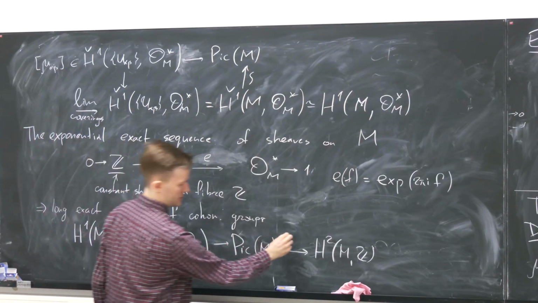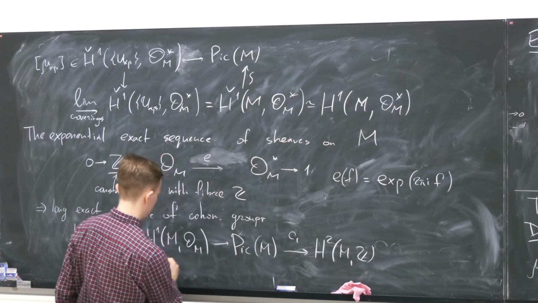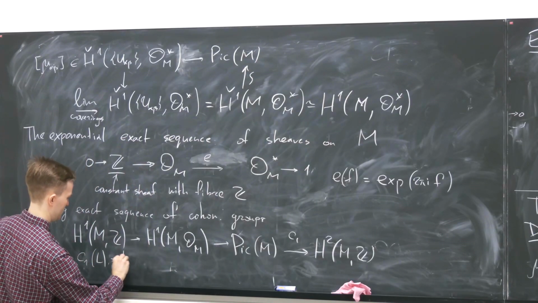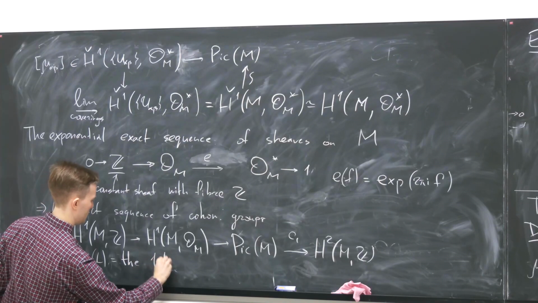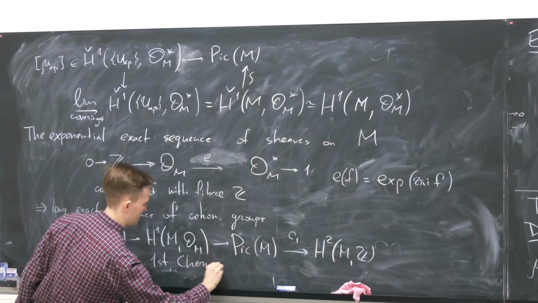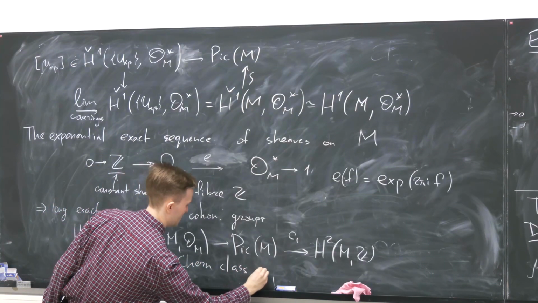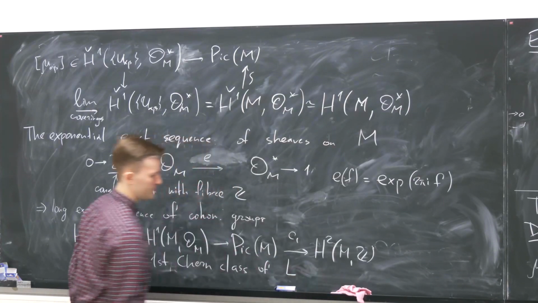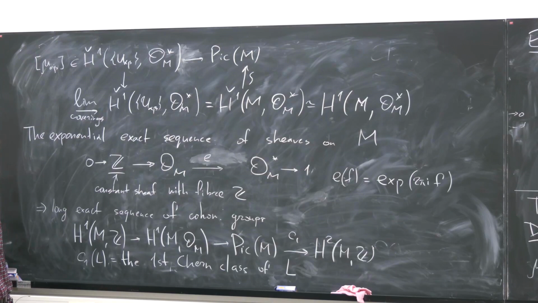This map is called the first Chern class. c_1 of a line bundle L is the first Chern class of L. And that's one way of defining the first Chern class of a line bundle.